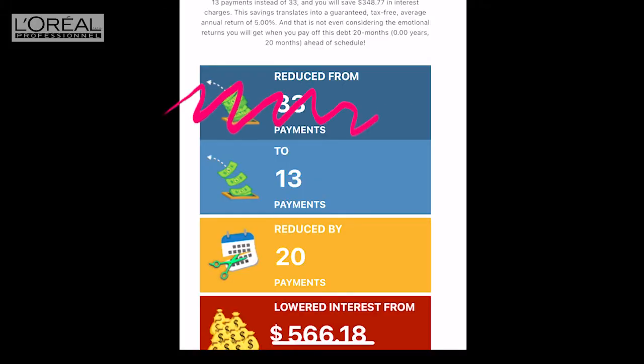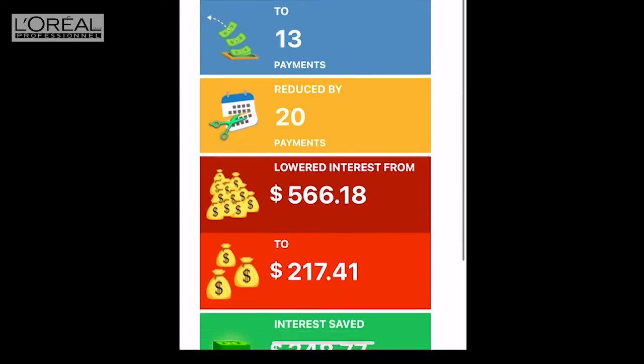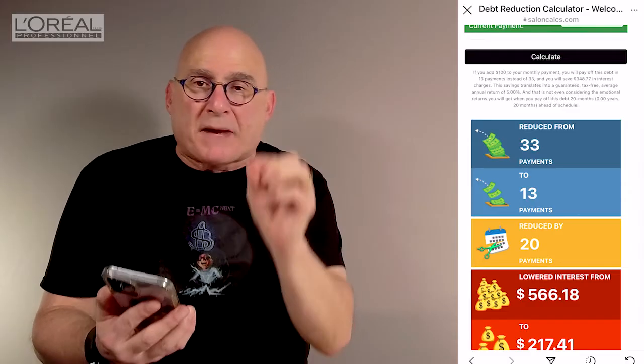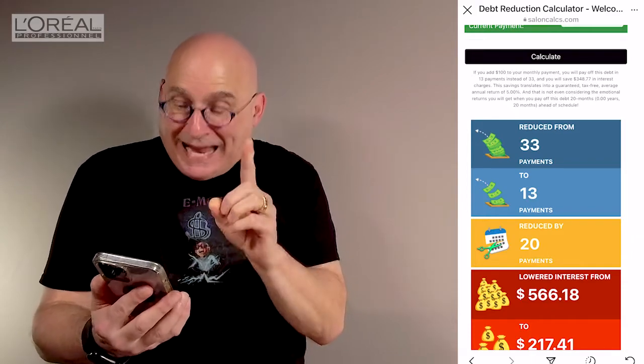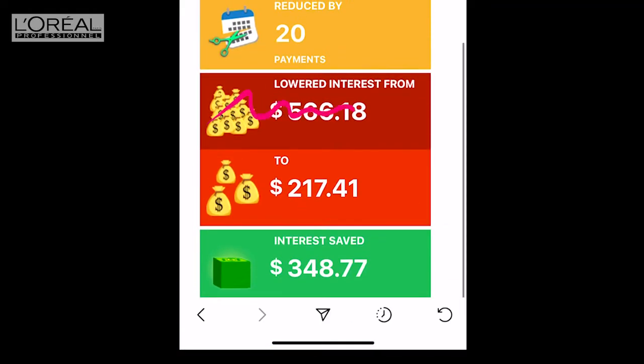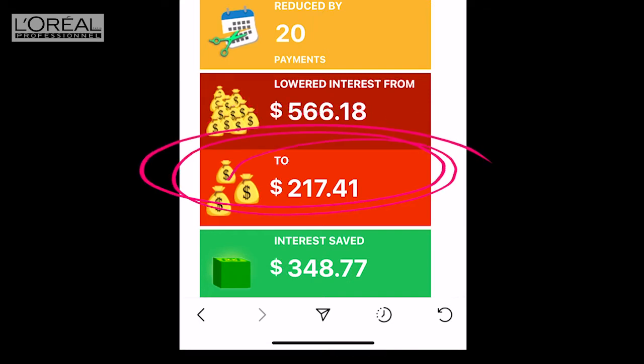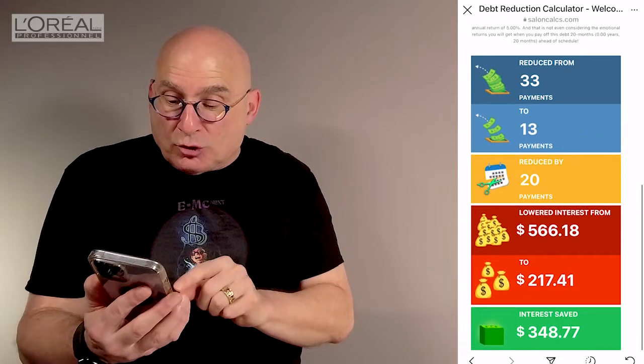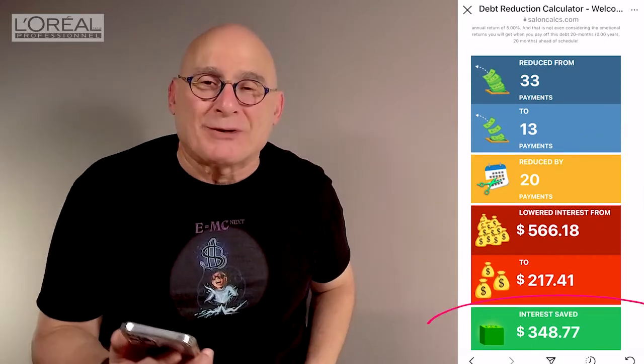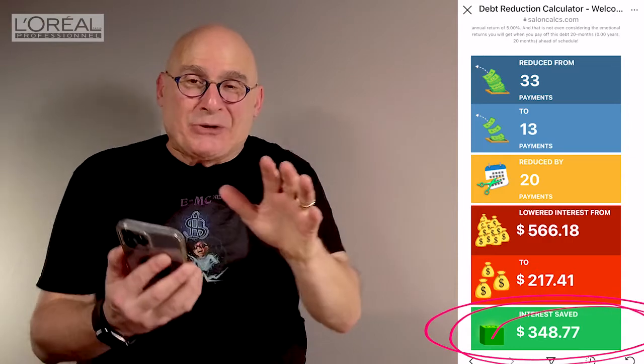You reduced from 33 payments down to 13. You cut it more than in half. You reduced the payments by 20 payments, and you lowered your interest from $566 to $217. In other words, you saved almost $350. Isn't that cool how that works?